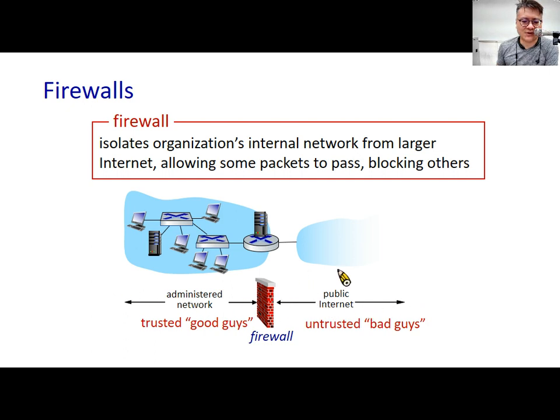The public internet is an untrusted network, with maybe some bad guys, and the firewall controls access to the trusted network. The administrator configures the firewall, which isolates the organization's internal network from the large internet, allowing some packets to pass and blocking others.